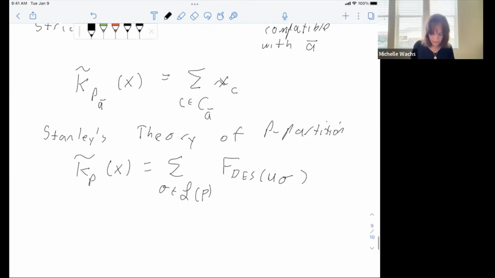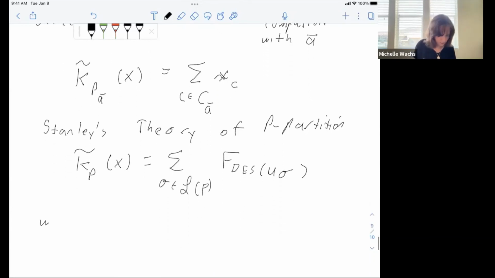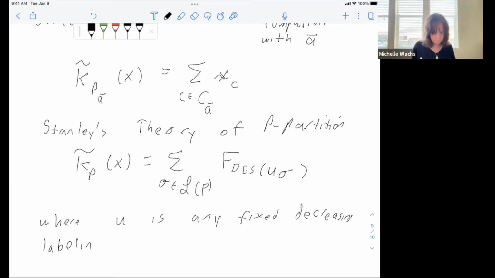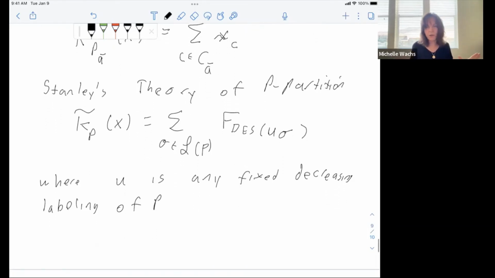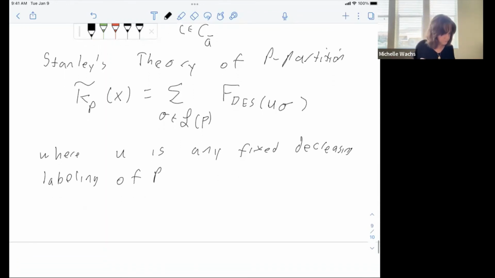This is the product in S_n, where U is any fixed decreasing labeling of P. Just fix any labeling and it'll work. This gives you this generating function.